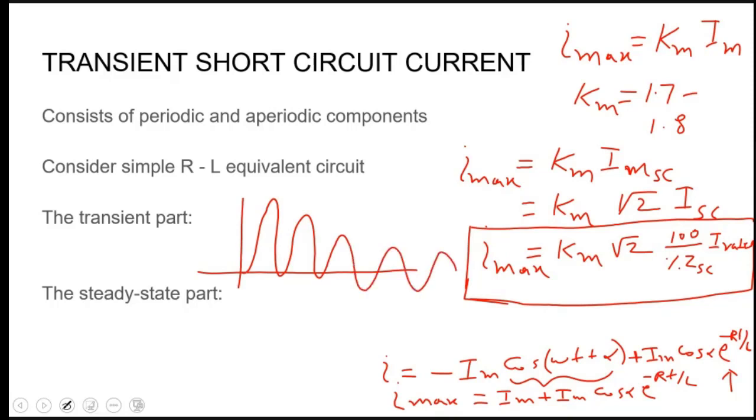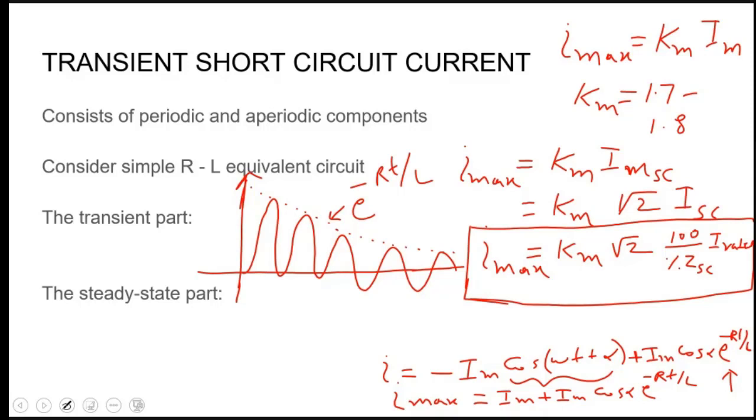This is short circuit current only, not normal current. So this is the envelope, the e to the power of minus Rt by L envelope. This goes like this and it reaches a steady state. So this is how the short circuit current will look.